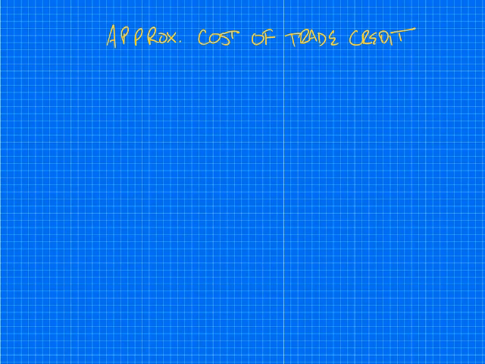Well, let's look at this approximate cost of trade credit. Now, the most confusing aspect of this is that it is generally expressed in something annualized. In order to help you compare apples to apples and oranges to oranges, the general convention, not always, but generally, is to annualize things.